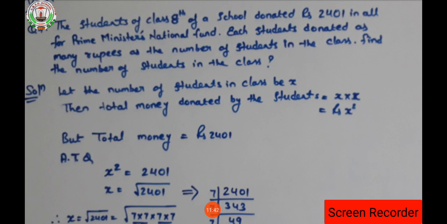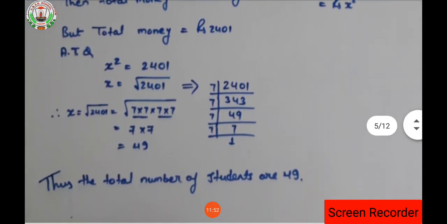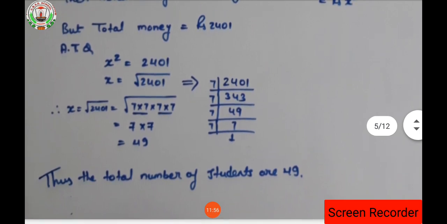The total money donated to the Prime Minister National Relief Fund is 2401. So according to the question, x square is equal to 2401.